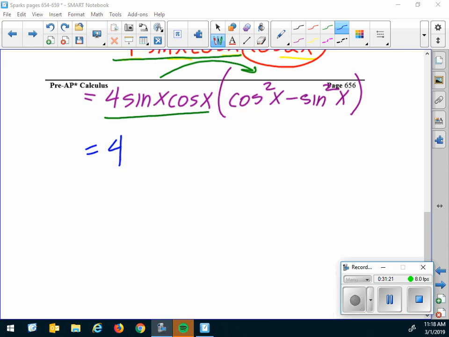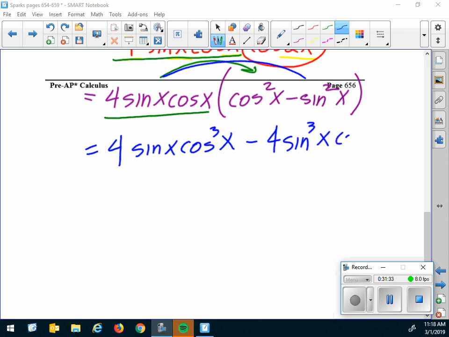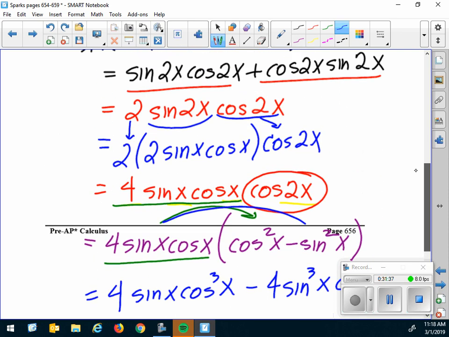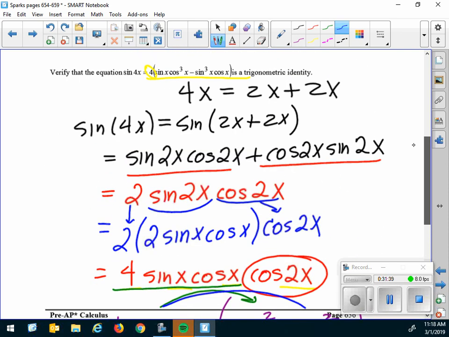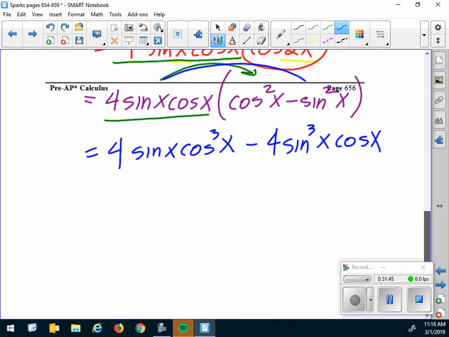When you distribute here, what do you get? 4 sine x cosine cubed x. Is that what I was trying to get? Yep. You don't have to worry about factoring the 4 out. You got the same thing. Done.